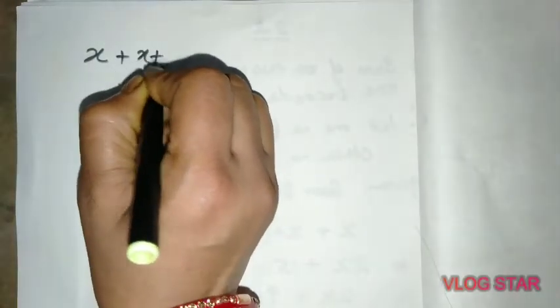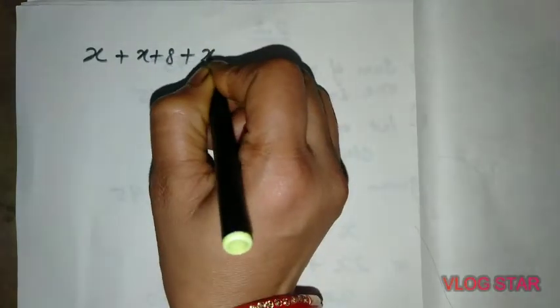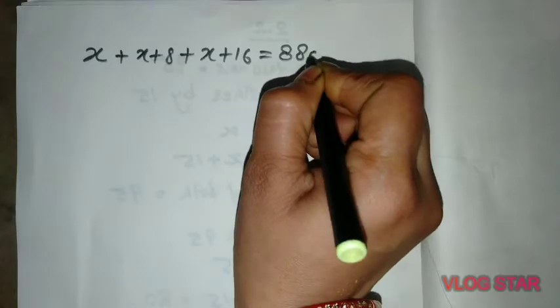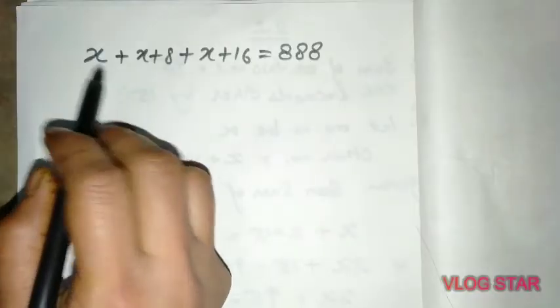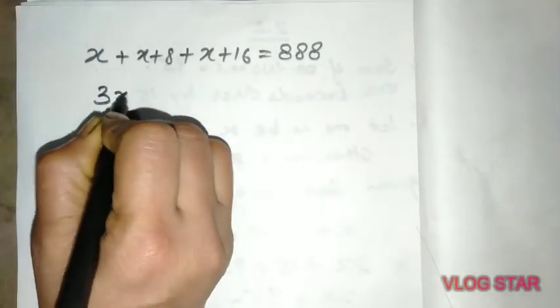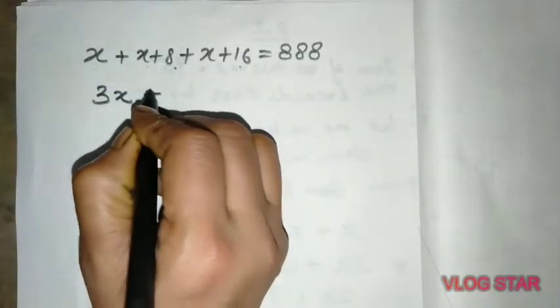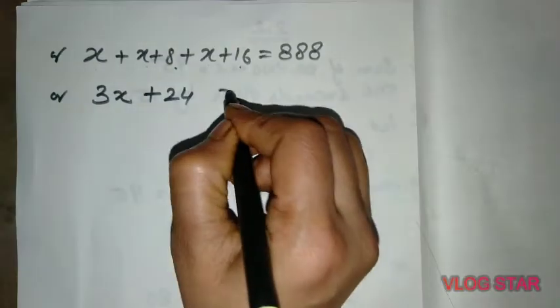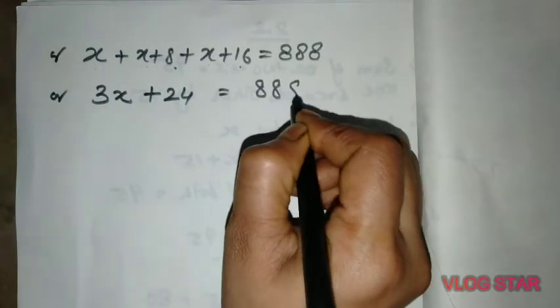Now the given condition is that the sum of these numbers, x plus x plus 8 plus x plus 16, is 888. So x plus x plus x is 3x and 8 plus 16 is 24, equals 888.